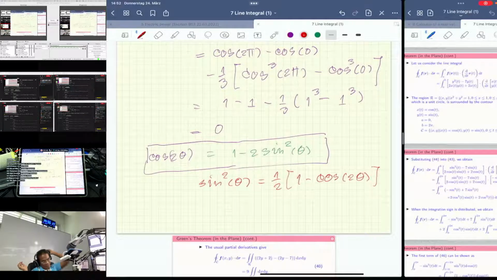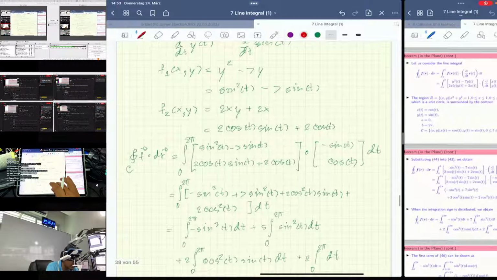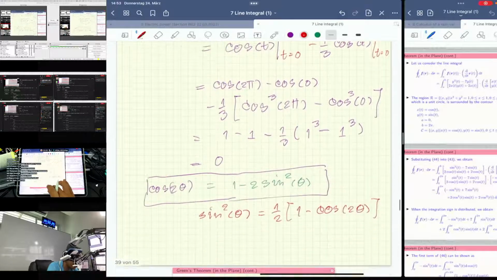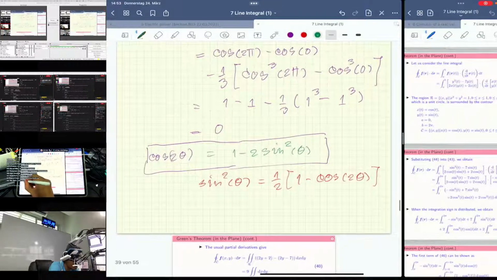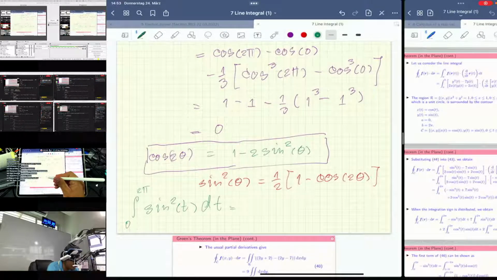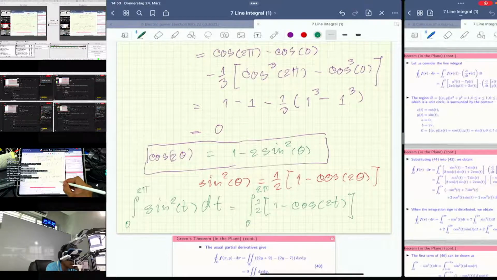And of course, our destination is the integration of sine square t, right? Integration from 0 to 2 pi of sine square t dt will be integration from 0 to 2 pi of 1 by 2, 1 minus cosine 2t dt.